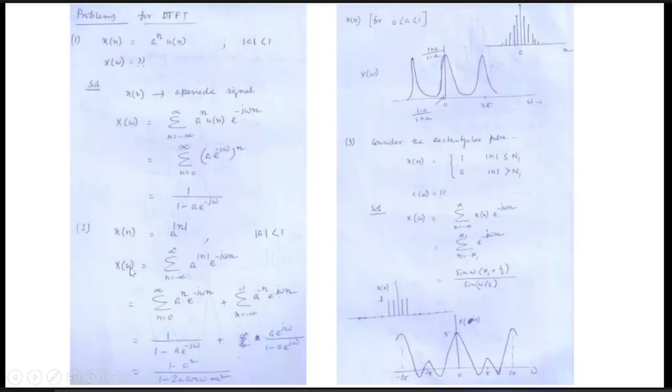It is dependent on omega. It is a plot between omega and X of omega. X of omega is this term including the cosine function, and omega is continuous. Omega is not discrete. Omega is a continuous frequency variable.